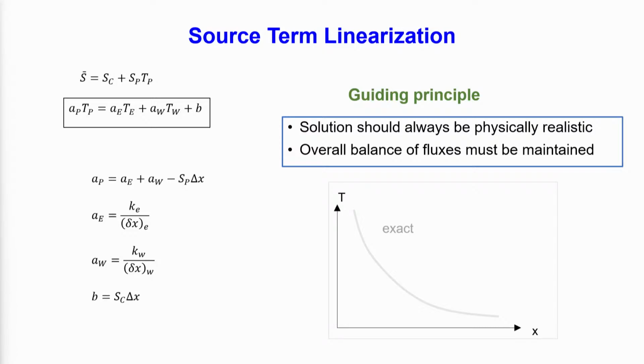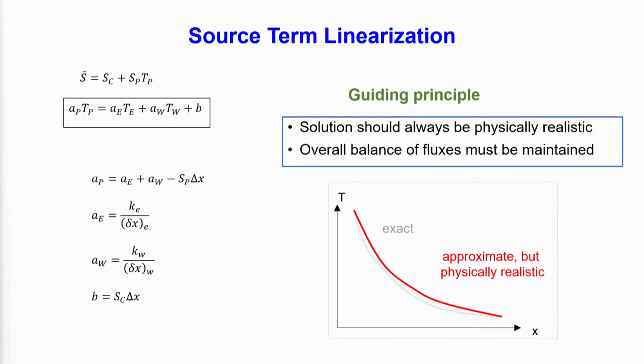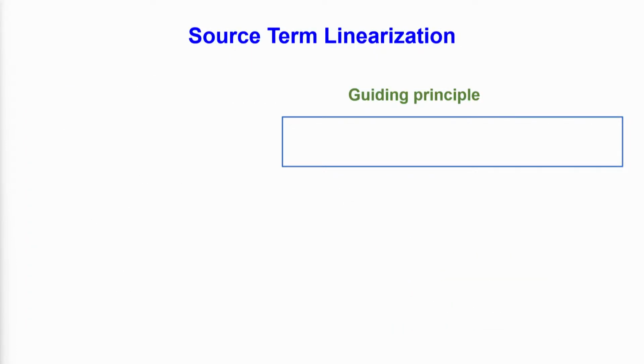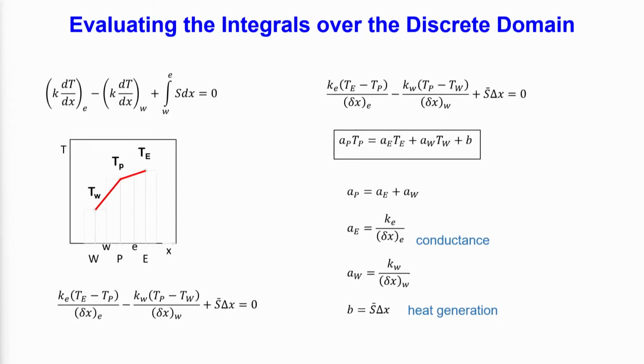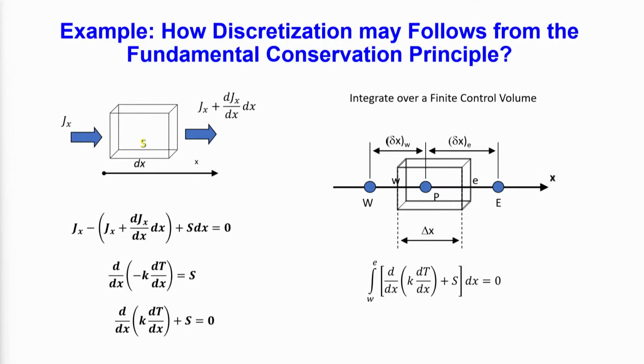So, what is done here is that it is considered that over this entire control volume, let me go back to the previous slide, maybe one slide back. You have the control volume and P is its representative node point.